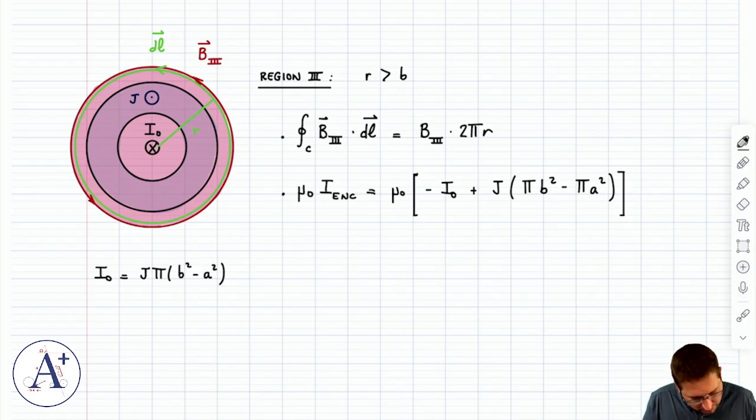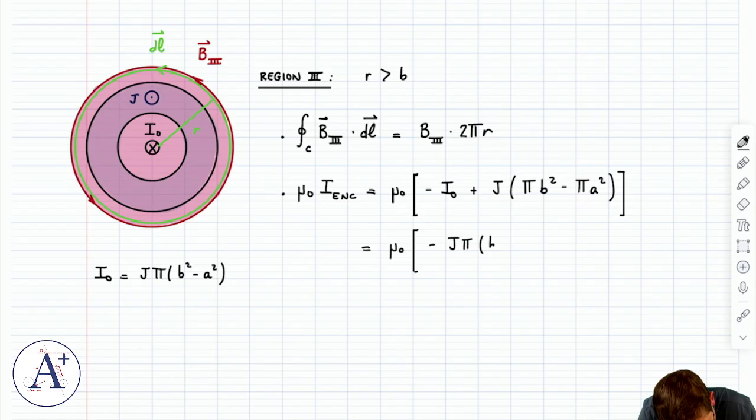Okay. Well, because I0 is equal to this, which I could have substituted before, I didn't, but I could have, I'm going to find that this is mu 0 multiplied by minus J pi (b squared minus a squared) plus J pi (b squared minus a squared), which is going to be 0.